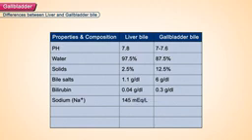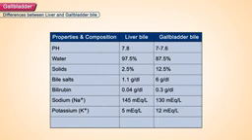Sodium is 145 milliequivalents per liter in liver bile, and gallbladder bile has 130 milliequivalents per liter. Potassium is 5 milliequivalents per liter in liver bile and 12 milliequivalents per liter in gallbladder bile. Bicarbonate is 28 milliequivalents per liter in liver bile and 10 in gallbladder bile.